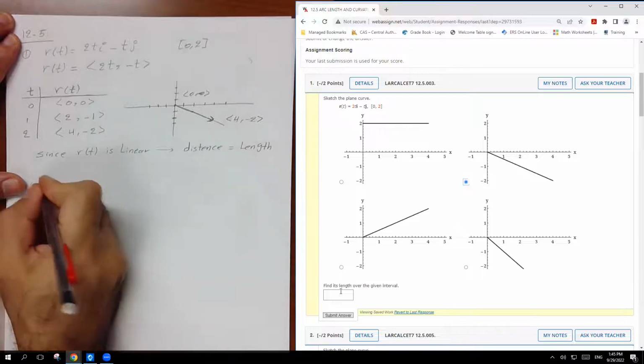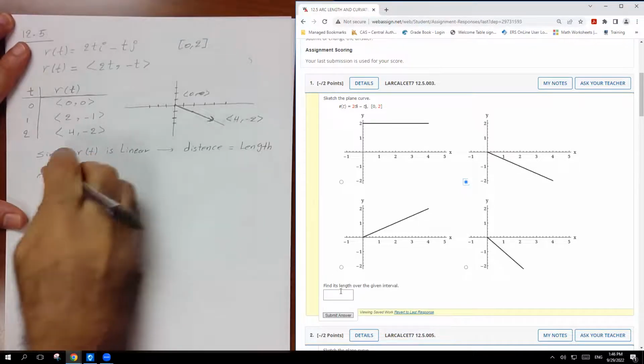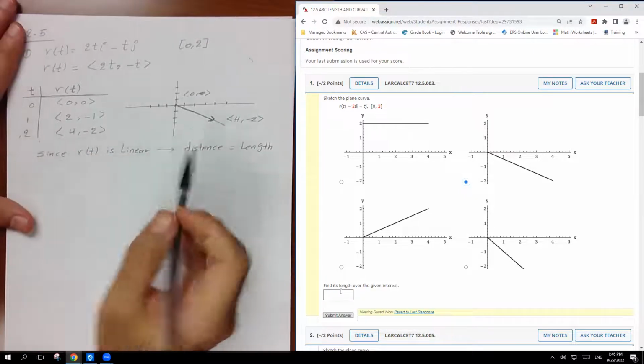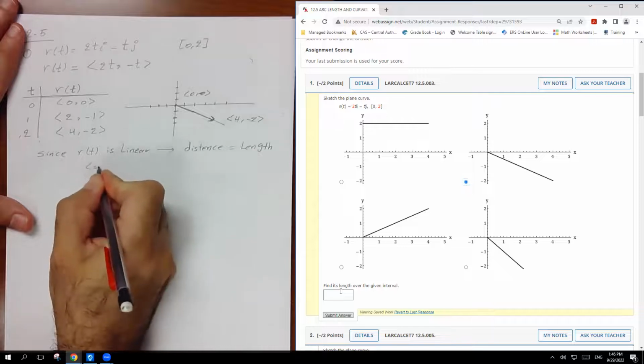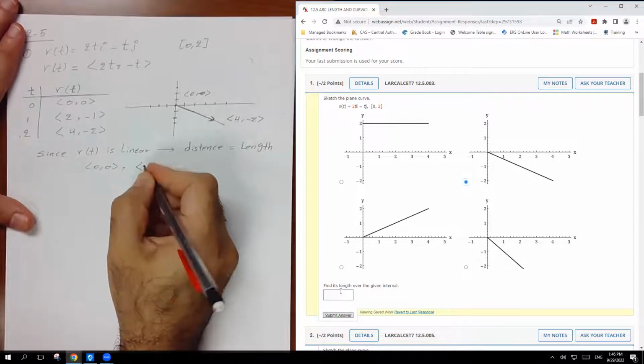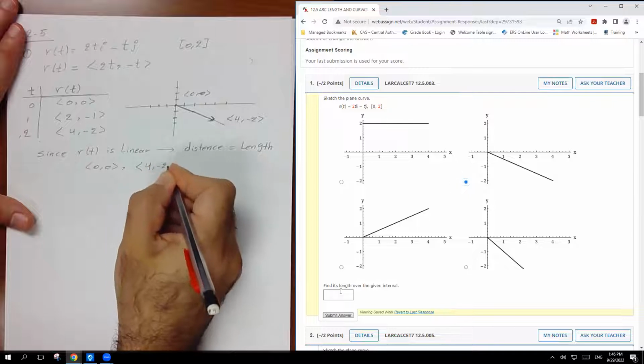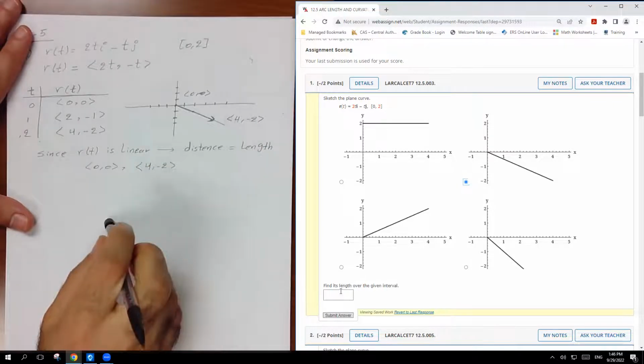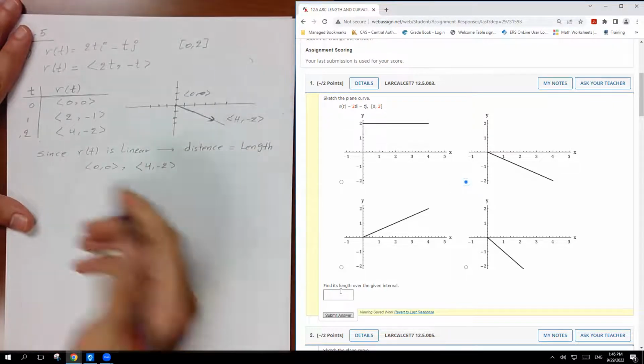I'm going to use the distance formula between 2 points, 0, 0 and 4, negative 2. I'm dealing with these as points to find just the length.